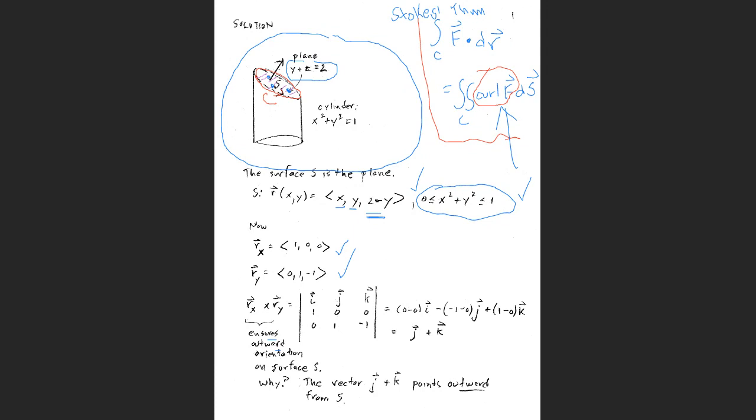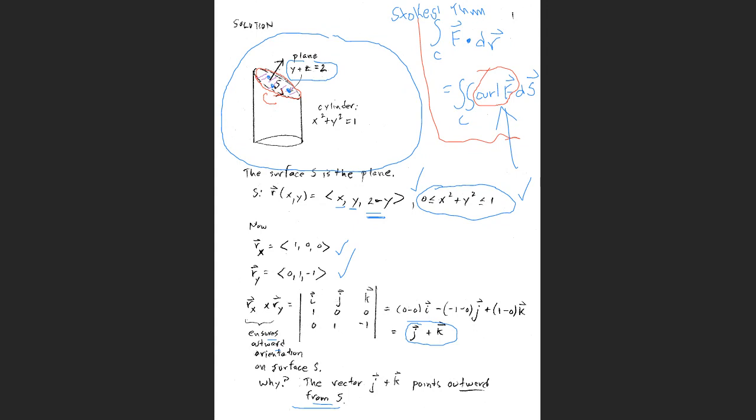Well, when I do the cross product, I get the vector j plus k, and that points outward from my surface S. So you always have to check this, class. You always have to check when you do your cross product that the vector you get is pointing outward, assuming you want positive orientation.